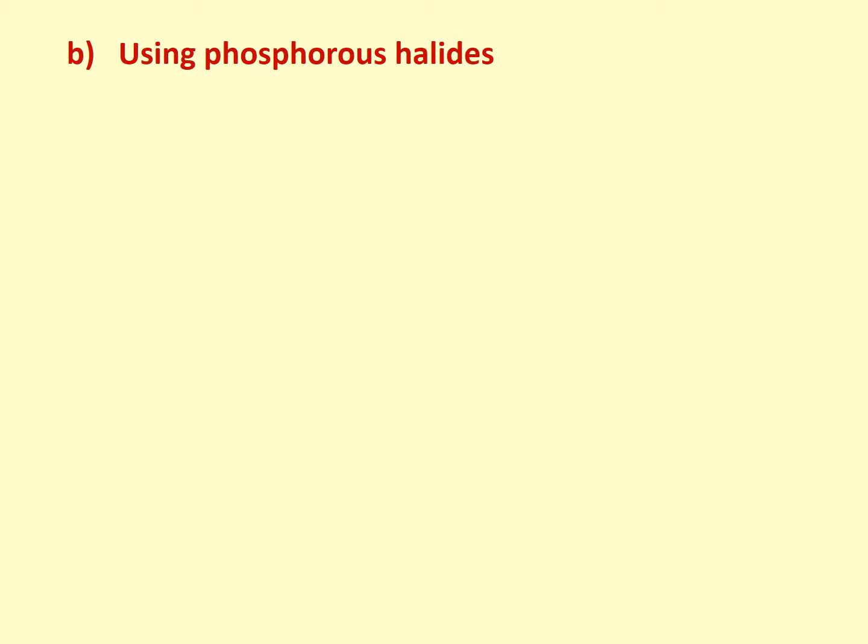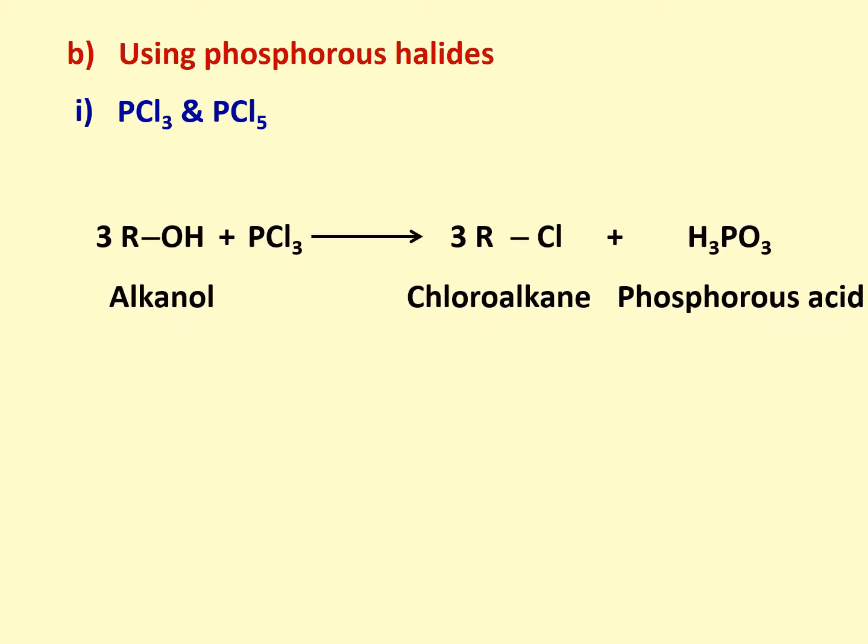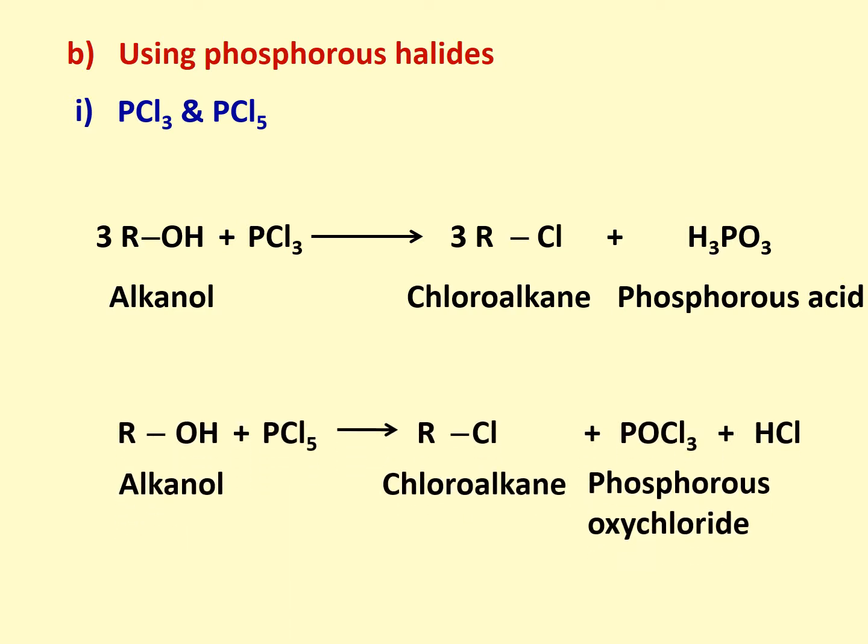Phosphorus halides can also be treated with alcohols to obtain alkyl halides. Phosphorus trichloride can be used directly to react with alcohol. Phosphorous acid, H3PO3, is formed as the side product. When phosphorus pentachloride is used, POCl3, that is phosphorus oxychloride, is formed as the side product.